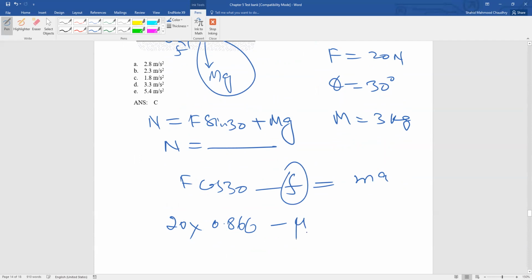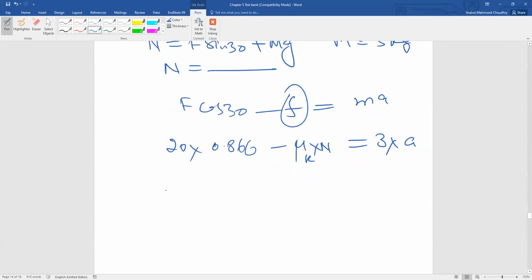So f is mu k into N, is equal to m, and the m value is 3, into a. We actually need a.